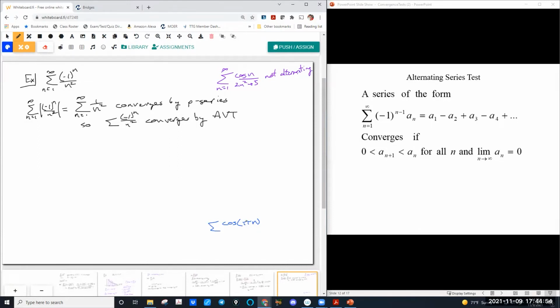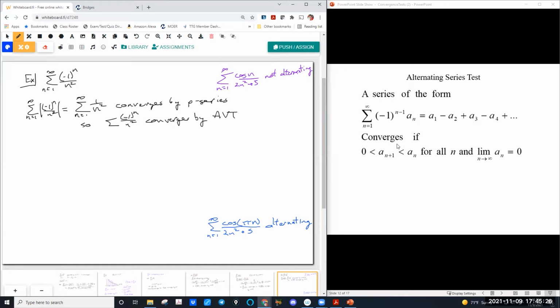Cosine of 2 pi is 1. Cosine of 3 pi, negative 1. Now this alternates. Okay, so make sure you recognize the difference, because this one we cannot use the alternating series test. This one we can. Okay. The alternating series test is pretty easy to use.